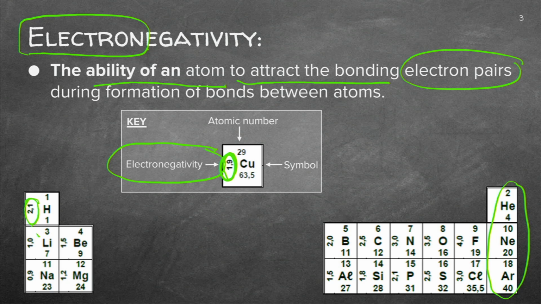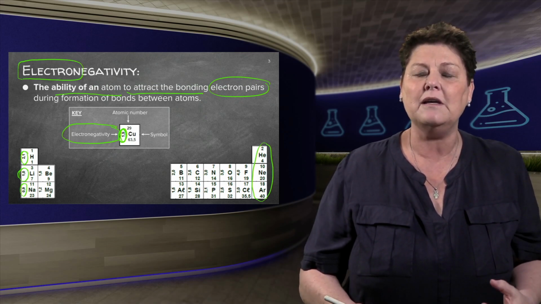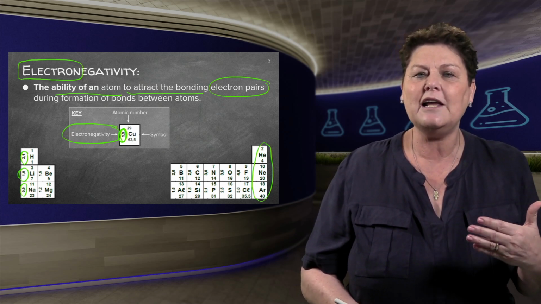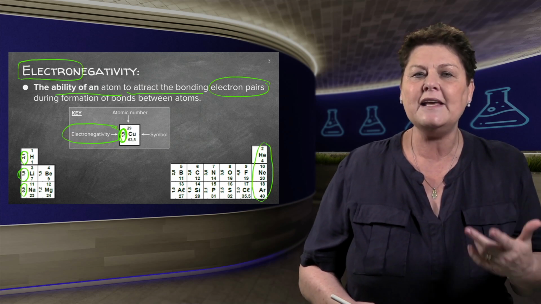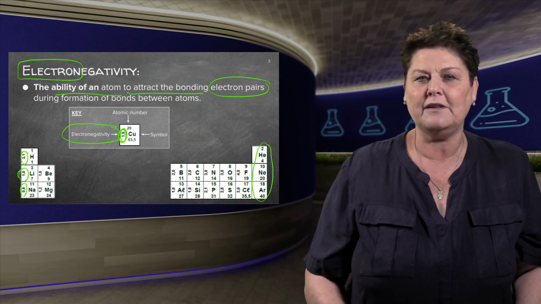Can you see 1 next to lithium and 0.9 next to sodium? I need you to take your periodic table and see if you can find the electronegativity. Quickly have a look. Can you see what's the electronegativity of nitrogen and next to it oxygen?